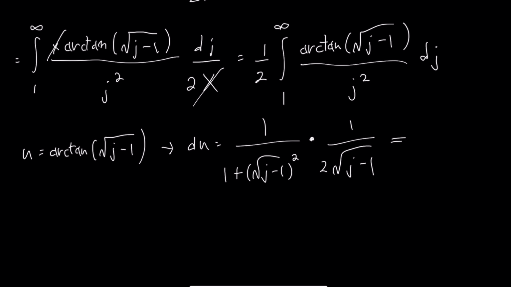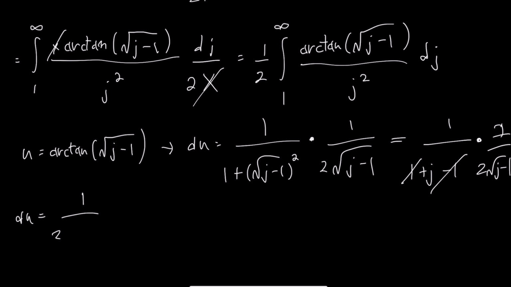This simplifies to 1 over 1 plus j minus 1 times 1 over 2 times the square root of j minus 1, and the 1's cancel, so we're left with du equals 1 over 2j times the square root of j minus 1, and dv equals 1 over j squared.